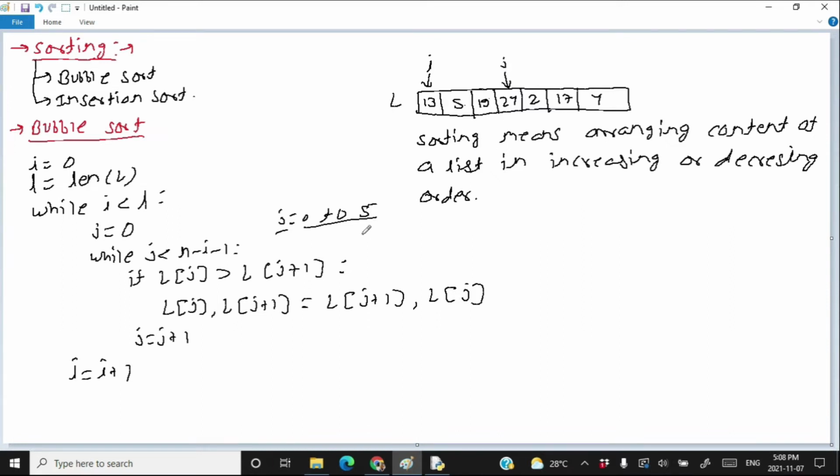Of course, j is still less than 6, so don't worry about it. So again you check if L[j], that is 24, is greater than 2. Yes, 24 is greater than 2. So swap these two values. Write 2 here and 24 at this place and increase the value of j again.